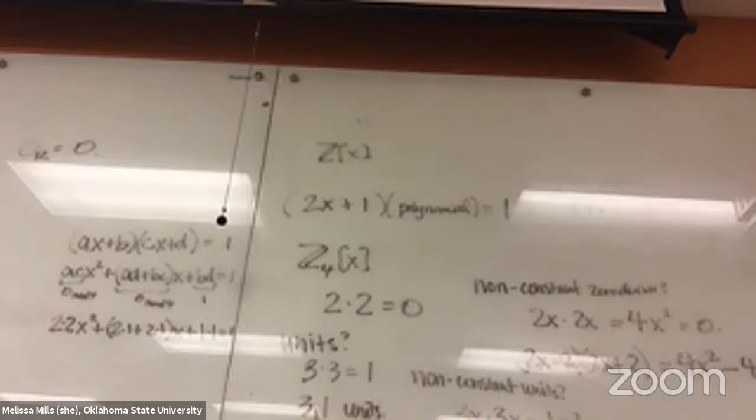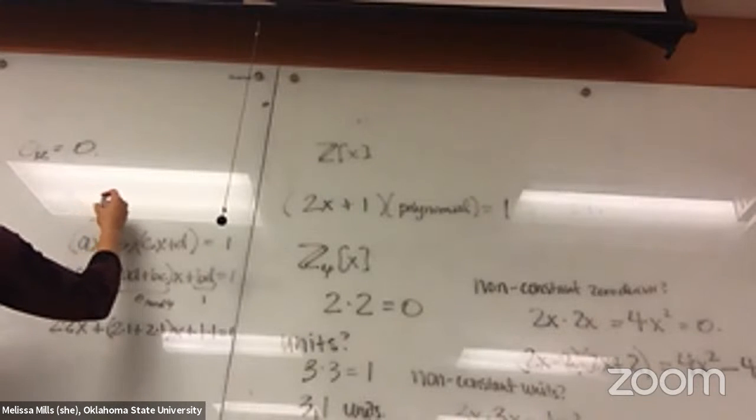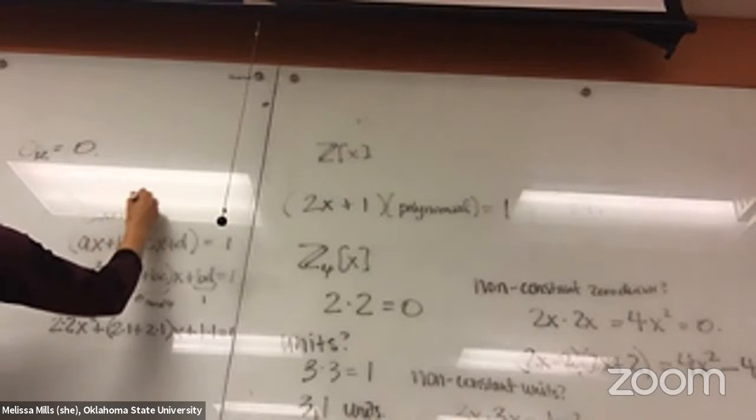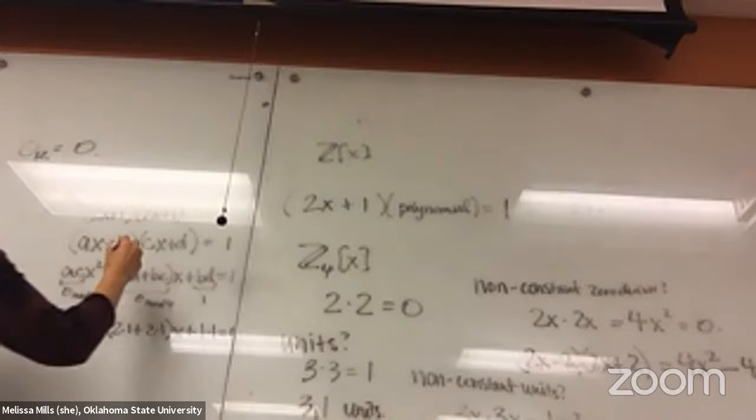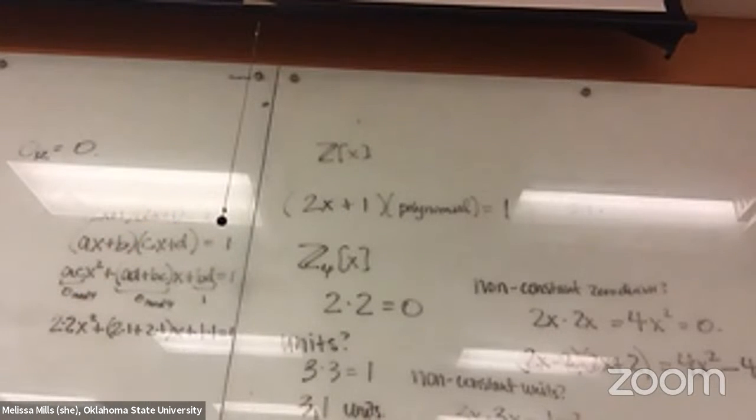So in a ring like Z mod 4 adjoin x, we can have non-constant units, right? So 2x plus 1 multiplied by 2x plus 1 equals 1, right?